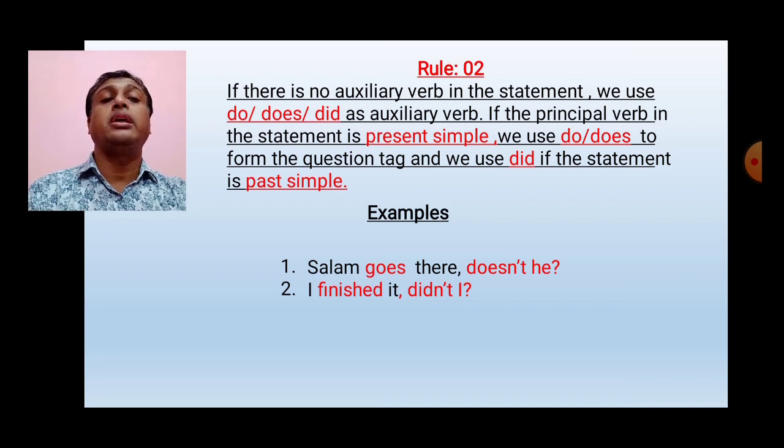We all know that if the principal verb is verb 2, we have to write did as auxiliary verb. So as finished is verb 2, I have written did as auxiliary verb. And then this sentence is a positive statement. So I have written here not, and then pronoun I. So the answer of this statement is didn't I.